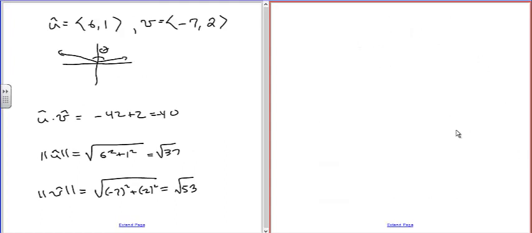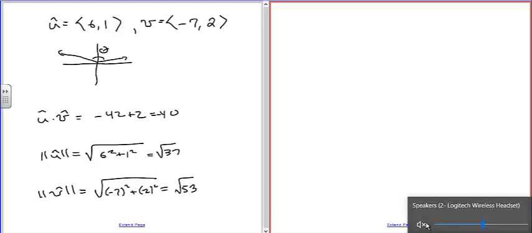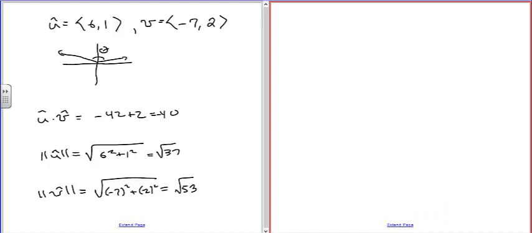The next thing is finding the projection of one vector in the direction of another vector. So it looks very similar as far as the equation, and we write this as the projection of vector u in the direction of vector v. So the subscript tells you which direction we're going.